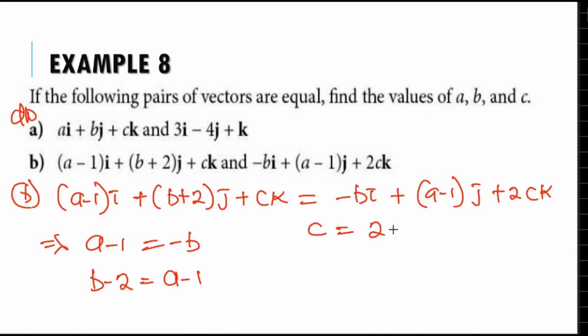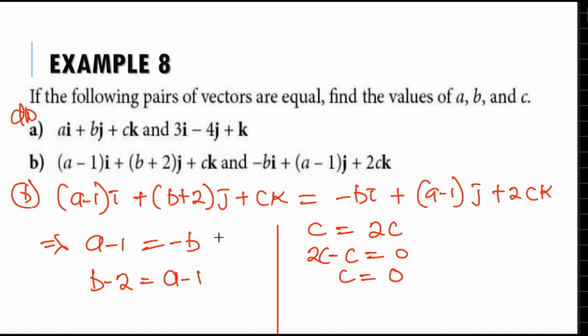Okay, so if c equals 2c, what are we going to have? We can solve this one first. If c equals 2c, we have that 2c minus c equals 0, so c equals 0.